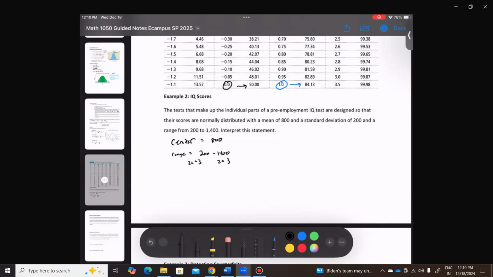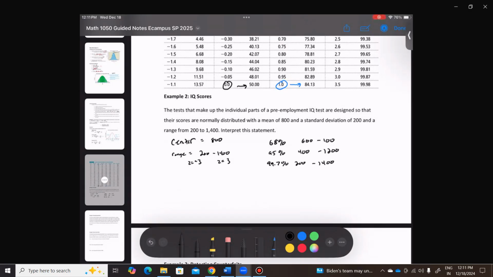Okay. So 68% of the data will fall from 600 to 1000. 95% of the data will fall from 400 to 1200, and 99.7% of the data will fall from 200 to 1400.